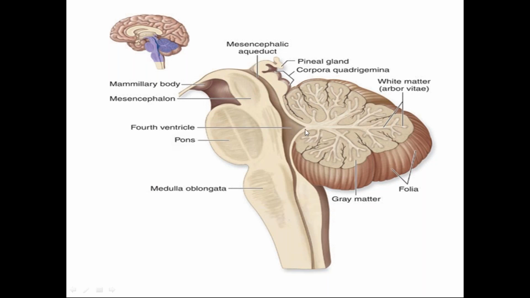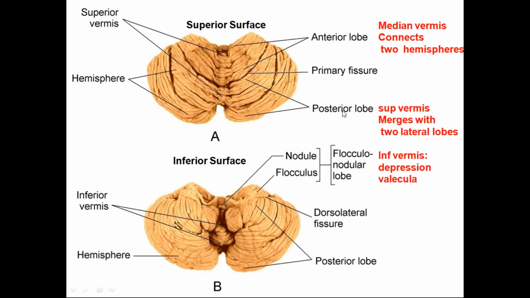So these are the ones which would be allowing CSF to come out into the subarachnoid space. From here they'll be going out, and then they come onto the subarachnoid space, onto the spinal cord, and then they'll be going around the brain and cerebellum. So CSF circulation takes place.